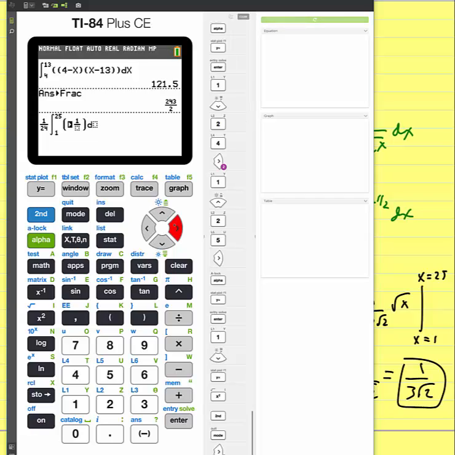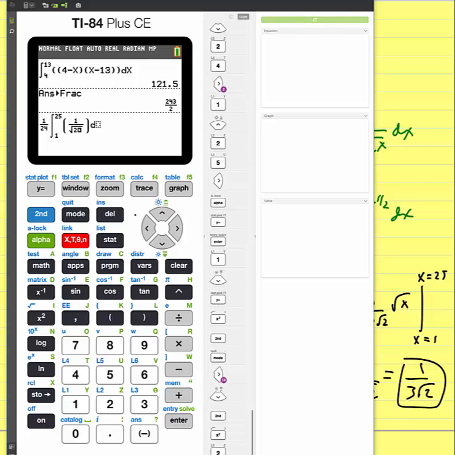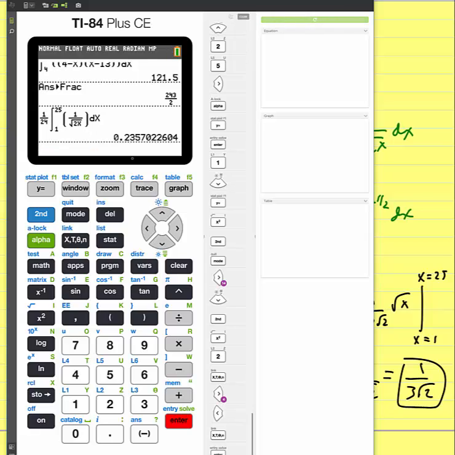Get back to that denominator here. 2x, and then of course my width is that incremental width of x, so this is a dx. So when I integrate this, it's probably not going to give me that 1 over 3 root 2 like I'm expecting. It's going to give me a decimal approximation.